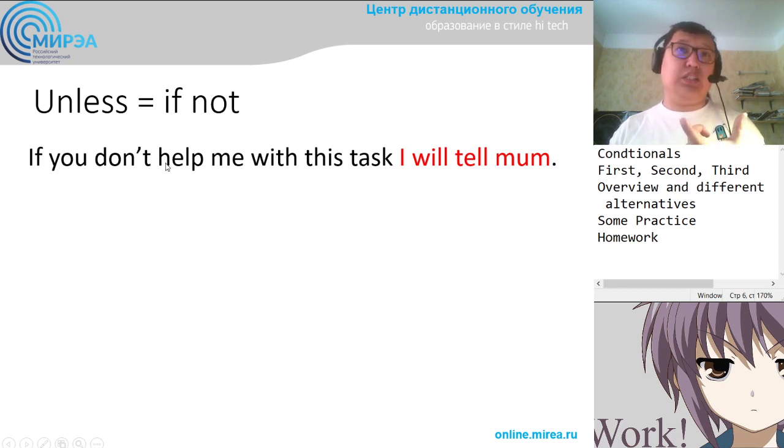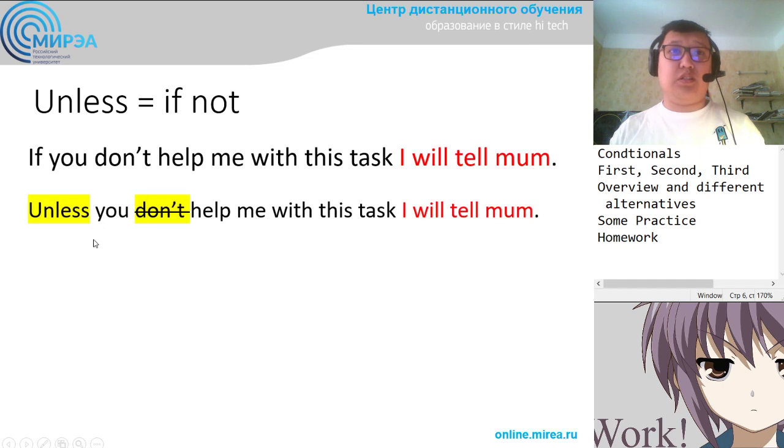So if we use unless, we can use unless instead of if here, and we can turn this sentence into unless you help me with this task, I will tell mom. Of course, more naturally you can switch the order of the parts. More naturally it would sound like I will tell mom unless you help me with this task.